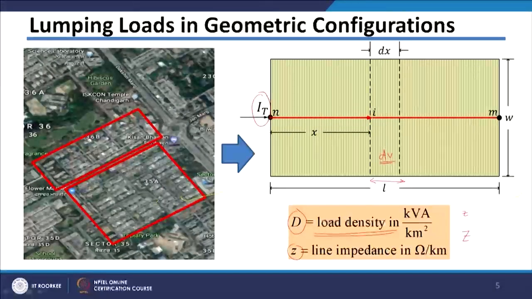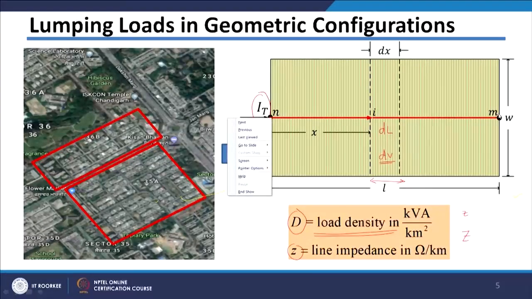Similarly, in case of power loss, we will calculate the loss which is happening in the small strip, that is say dl, and after integrating this dl from n to m, we will get the value of total power loss. So, let us start with the voltage drop calculation.